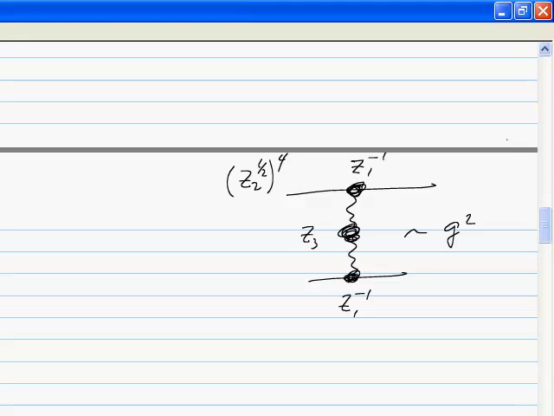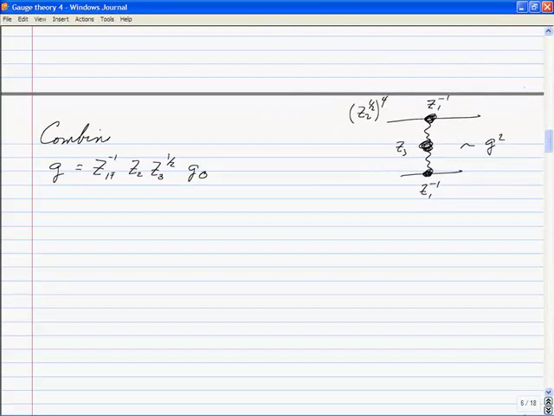The end product is that it ends up being Z1 for a fermion minus 1, Z2, Z3 to the 1/2, g3 or g0. So we have those renormalization constants to multiply the bare one by to get the renormalized one.